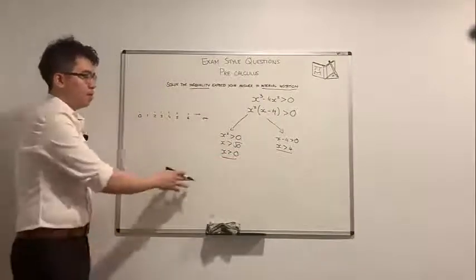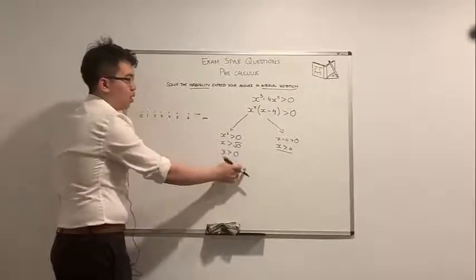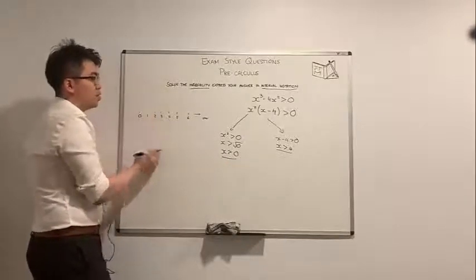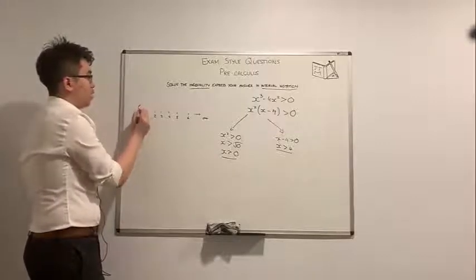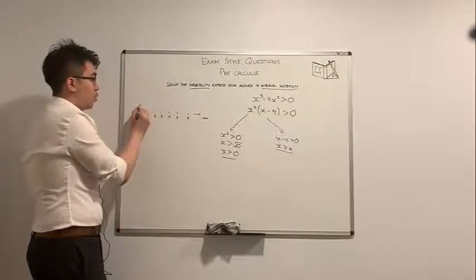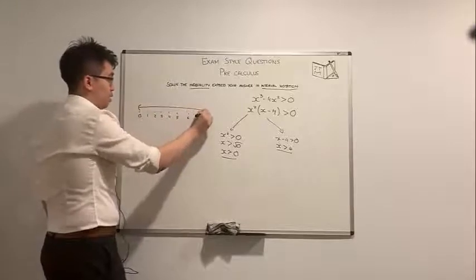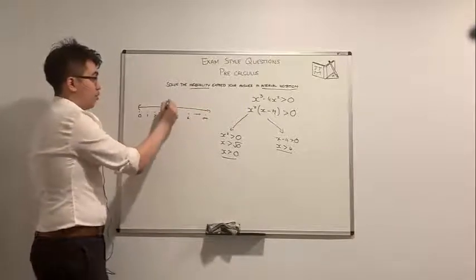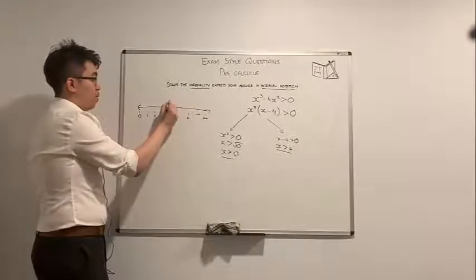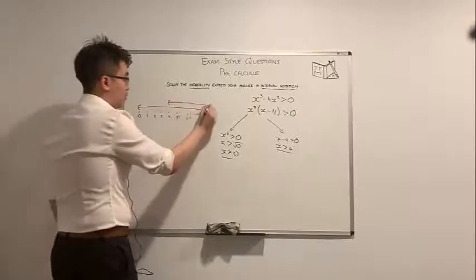So to graph out both of these separate inequalities on a number line would look a bit like this. X is greater than 0 would not include 0, so we'd have this curve here, and then we extend the line towards infinity. X is greater than 4 would start from 4, but not include 4, and extend to infinity.